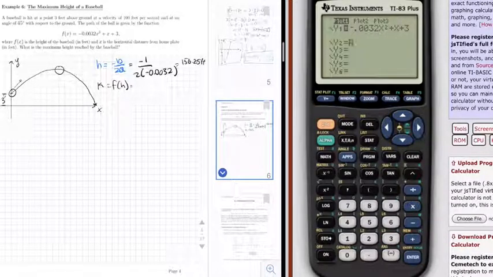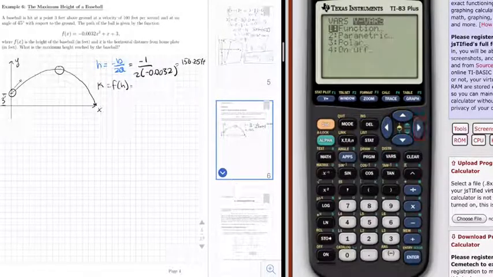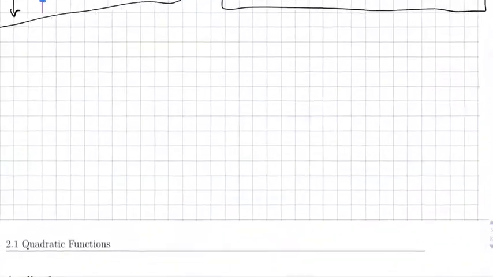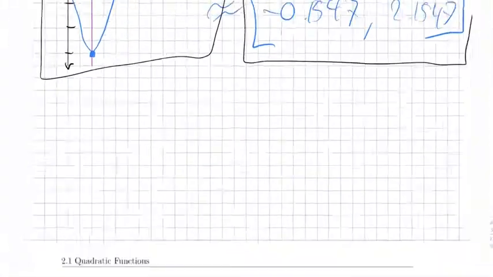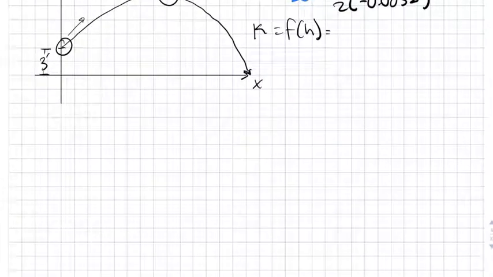Then I want to plug in that 156.25. So I'm going to go to variables, y variables, y1. I want to do y1 of 156.25. And the height is going to be 81.125 feet.